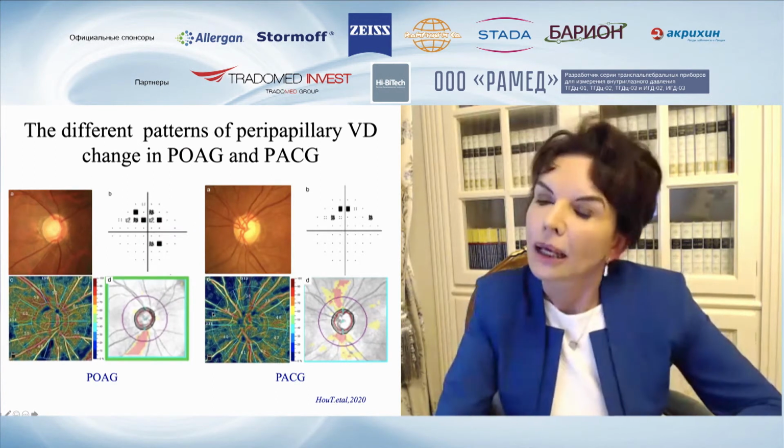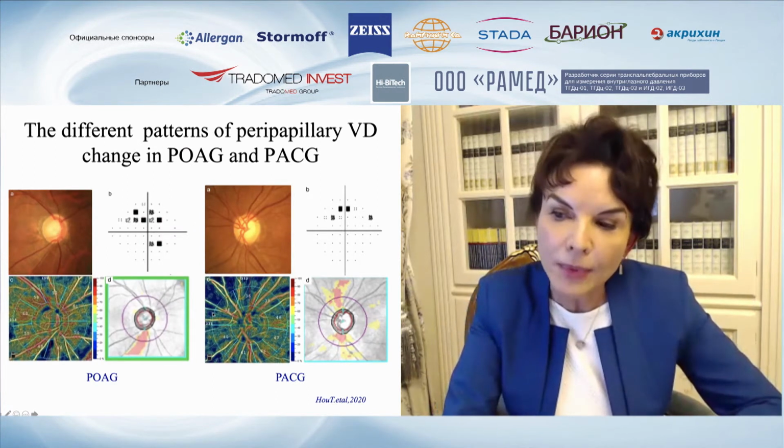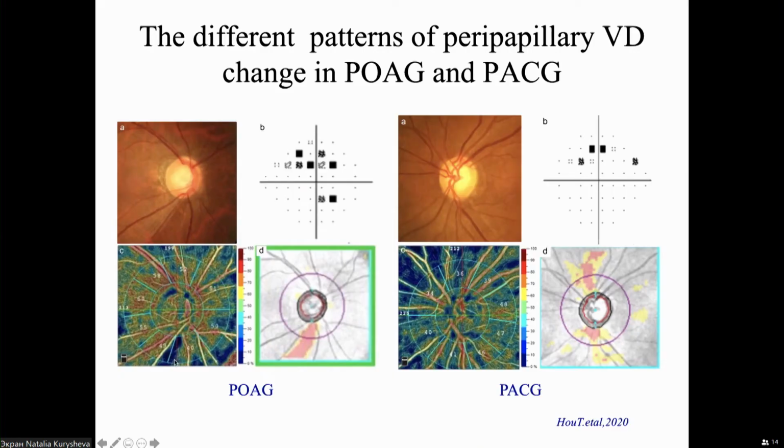In contrast to primary open angle glaucoma with the focal defects of capillaries, as we can usually see, in primary angle closure glaucoma these defects are more diffuse and they are associated with the thinning of retinal nerve fibers.